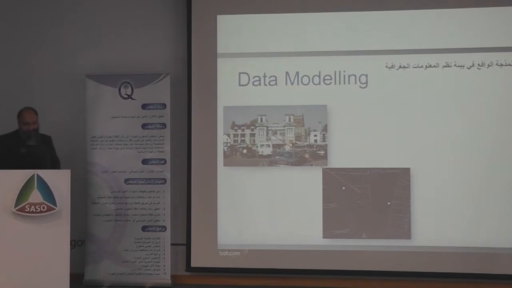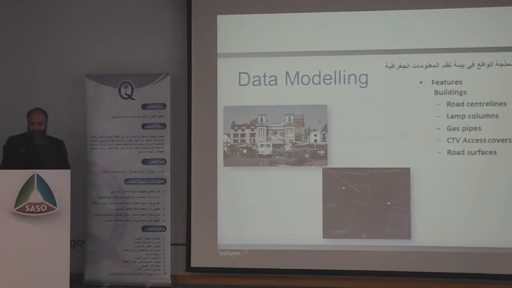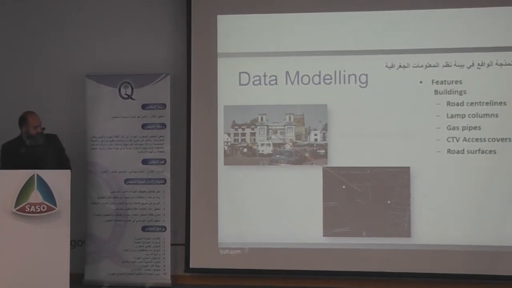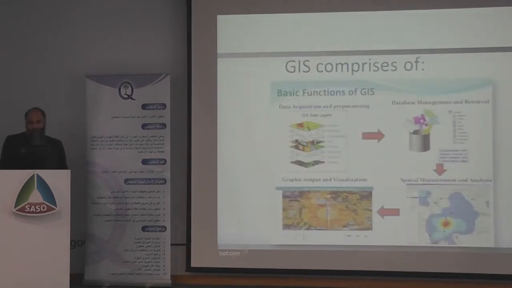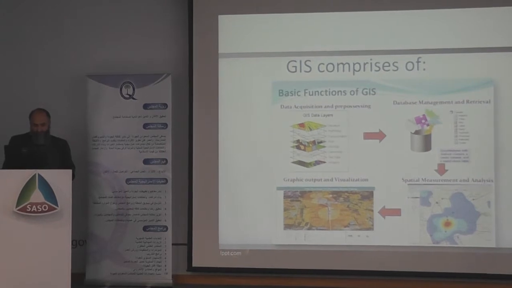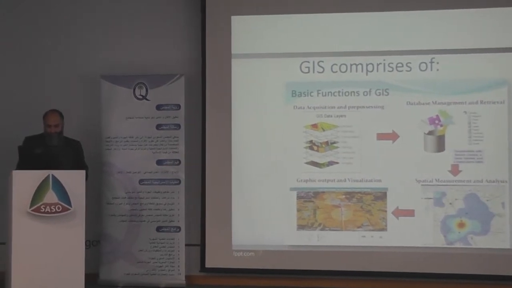Data modeling. This is an example of an actual building and how it can be viewed using GIS with the different features. Different legends can be used to name every layer of the technology, the data layers, different outputs, different functions, different features.